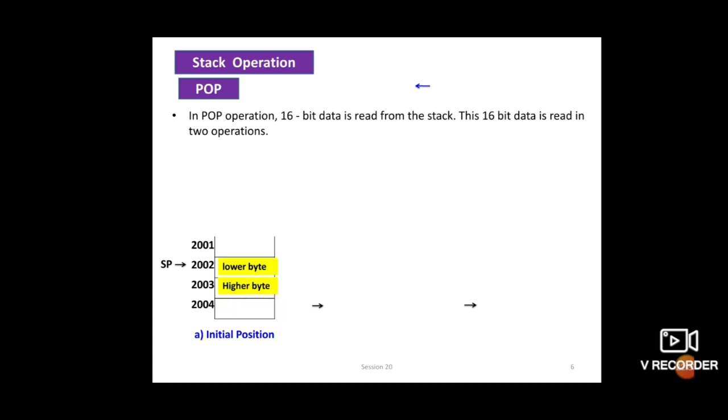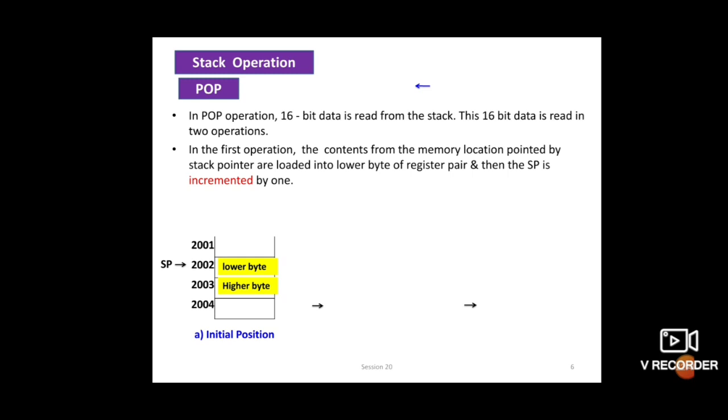Now see the first operation in pop: the content of the memory location pointed to by the stack pointer is loaded into the lower byte of the register pair, and then the stack pointer is incremented by 1. Whatever data is stored in the memory location, first the lower byte, and then the stack pointer is incremented or decremented? Incremented, opposite of the push operation.